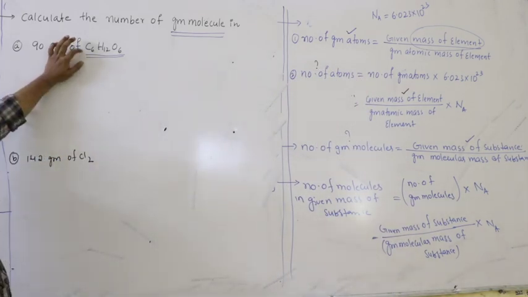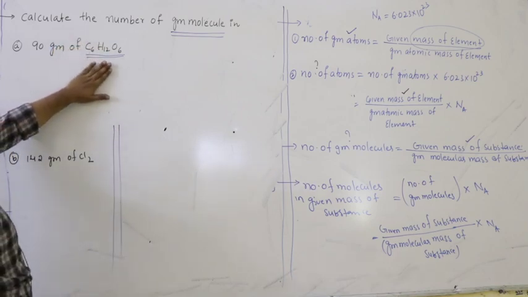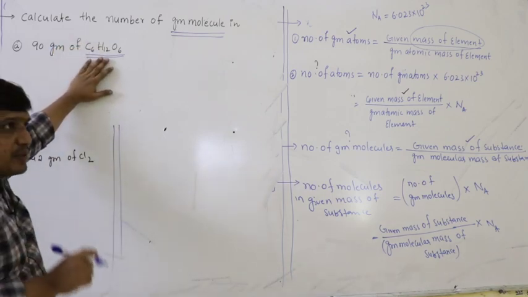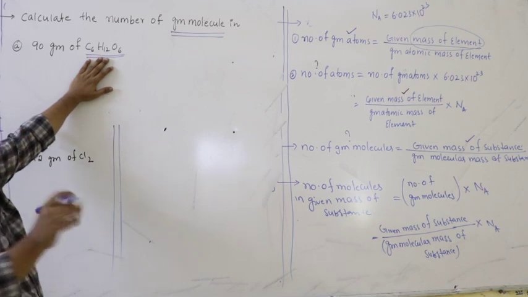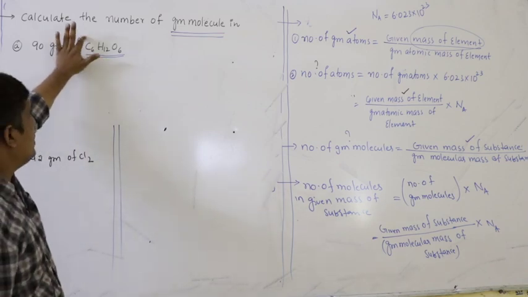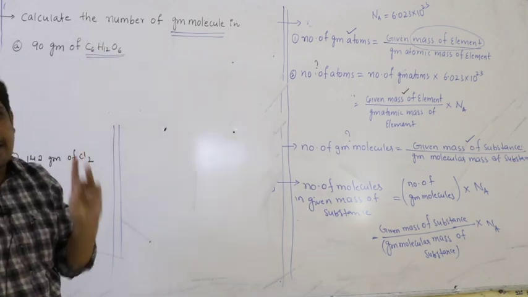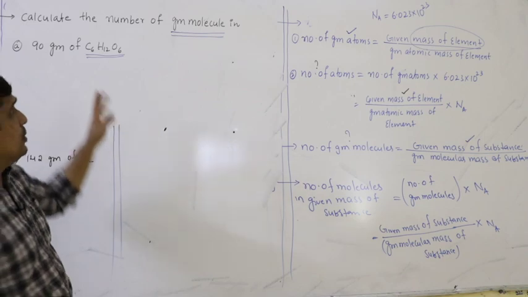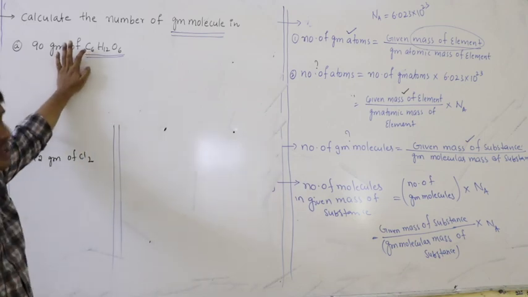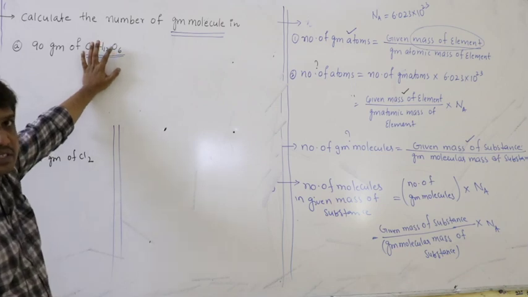Molecular weight of C6H12O6 is equal to the sum of the atomic masses of all atoms present in the molecule. How many different atoms are present? Carbon, hydrogen, oxygen. 3 different atoms. How many carbon atoms do we have? 6. How many hydrogen atoms? 12. How many oxygen atoms? 6.